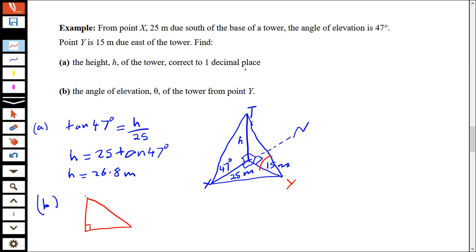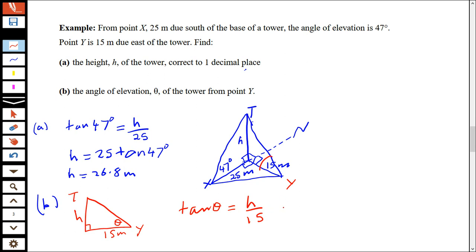T is at the top. Y is over here. We've got to work out what theta is. Now I know that this is 15 meters. I've already worked out what h is, so I can go tan theta is equal to h on 15.